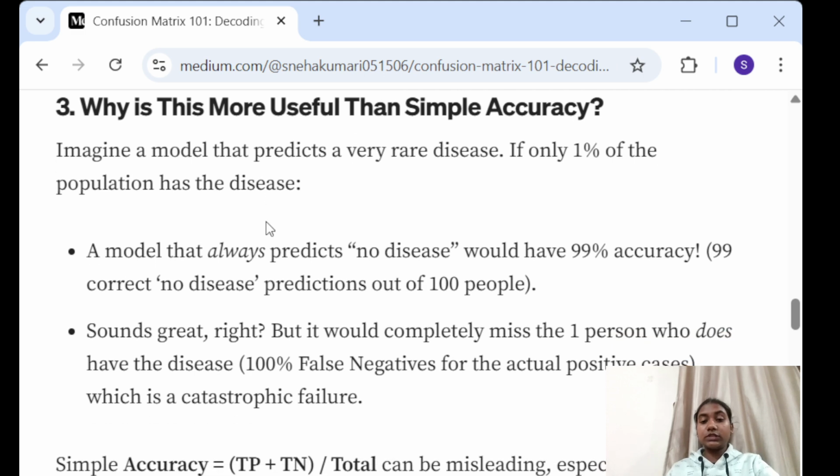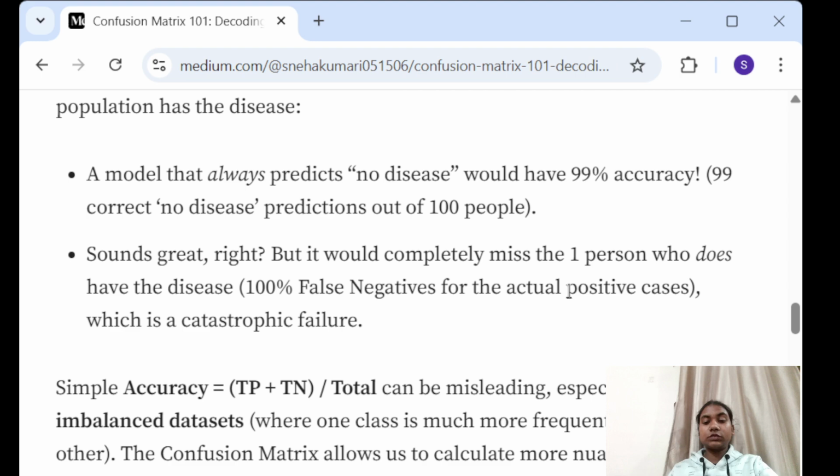As you can also read, a model that always predicts no disease would have 99% accuracy, which means 99 correct no-disease predictions out of 100 people. When the system predicts using the confusion matrix, it gives the real, accurate data. And here comes the formula part.